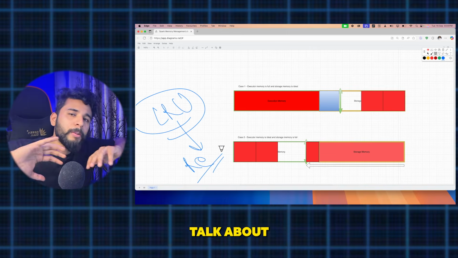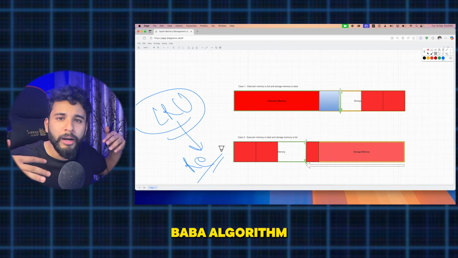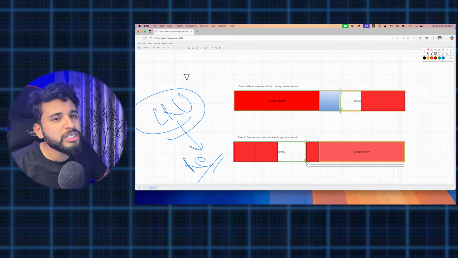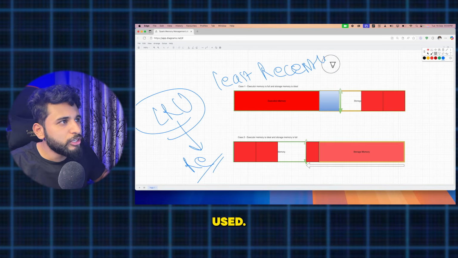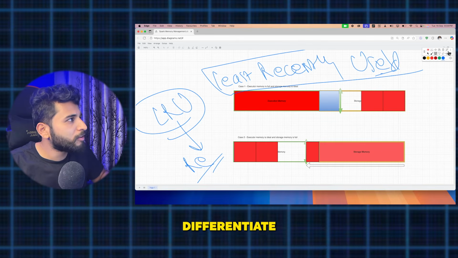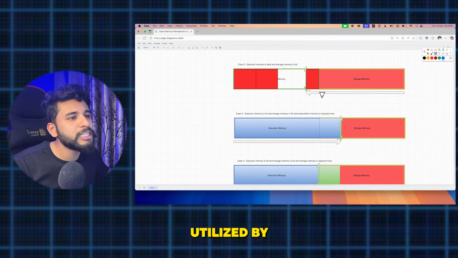Whenever we talk about any type of cache, this is the major eviction algorithm we talk about. This is the algorithm it uses to free up the memory so that it can be utilized by the next one.